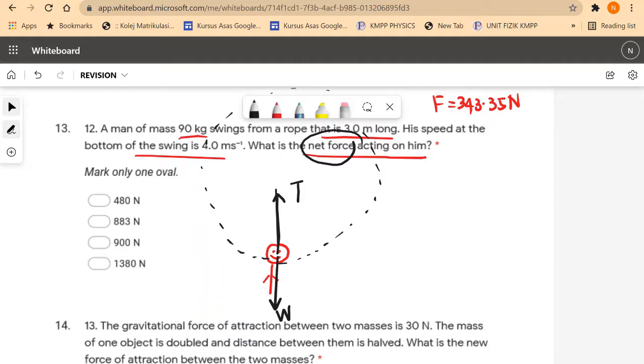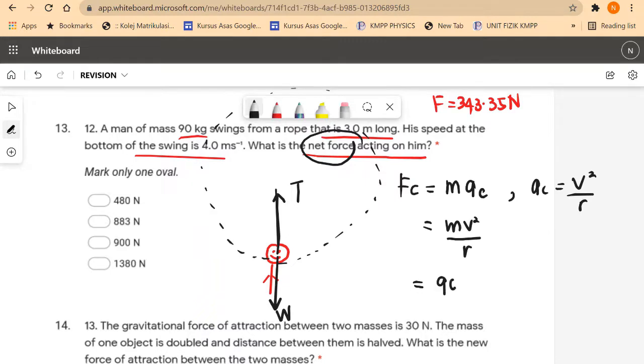So you can use the concept FC equals m AC, where AC you can substitute with v squared over R. So you're gonna have mv squared over R. Then substitute mass of the man 90 kg and the speed is 4.